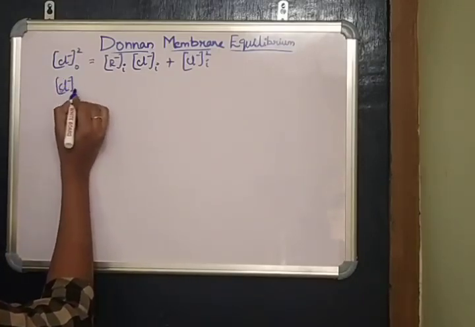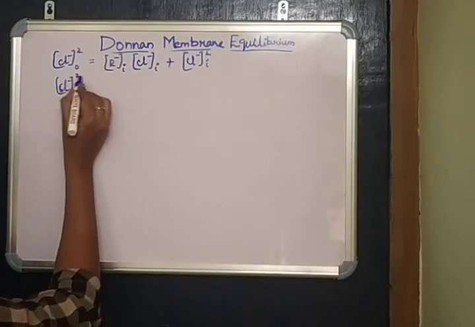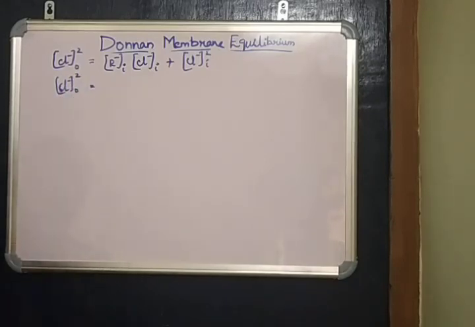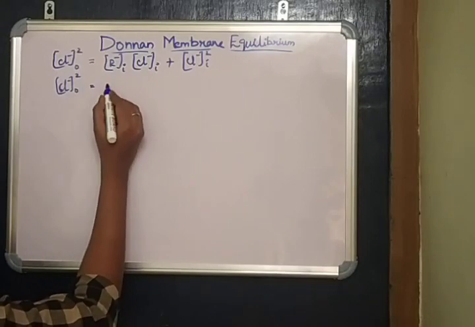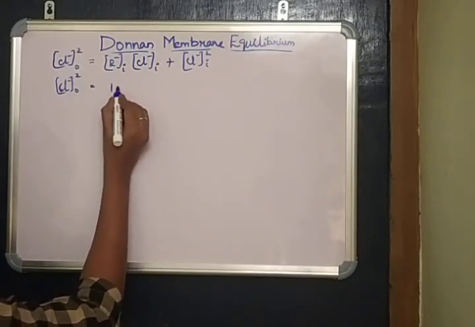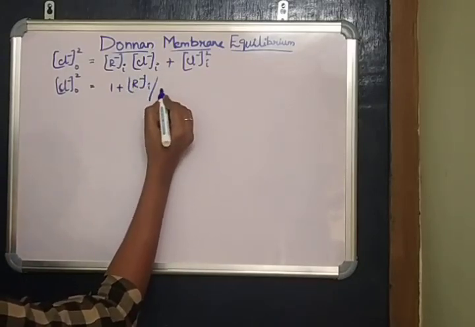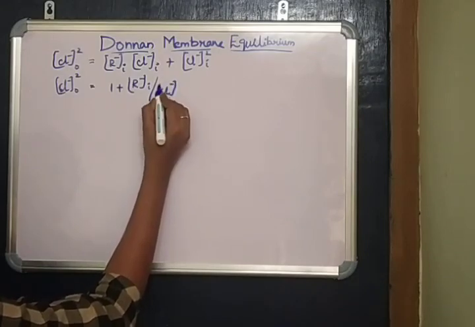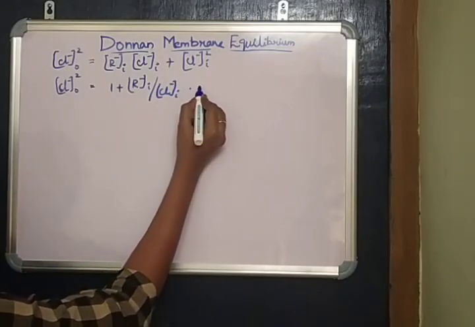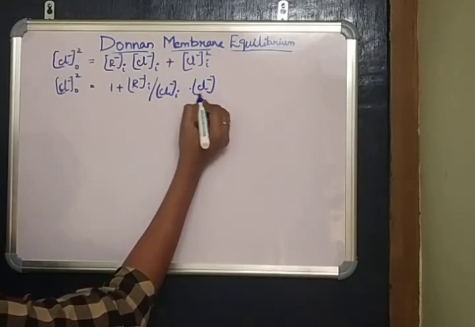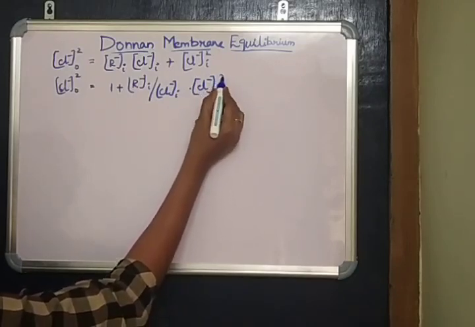Cl minus outside square is equal to the above equation. This equation we can rewrite in a more simplified form for deriving purposes: 1 plus R minus inside divided by chloride ions inside, times the concentration of chloride ions inside square.